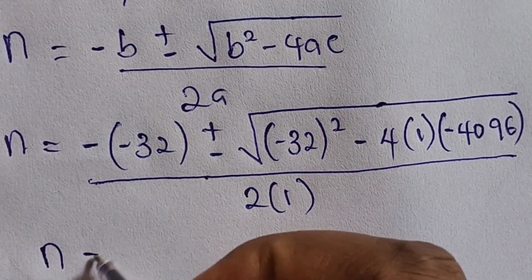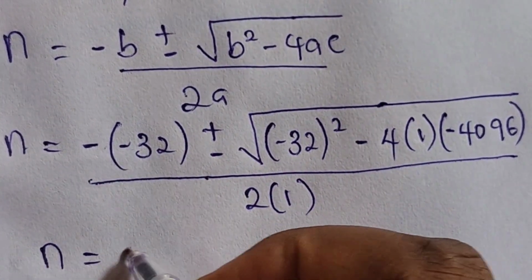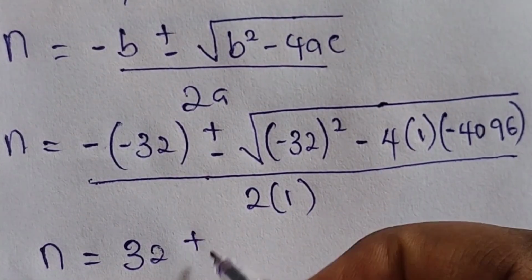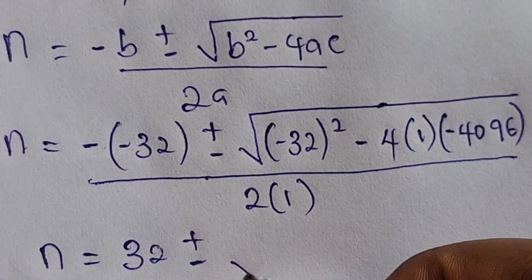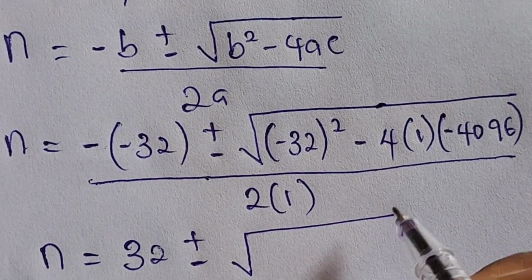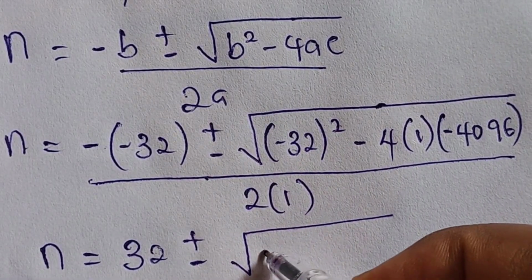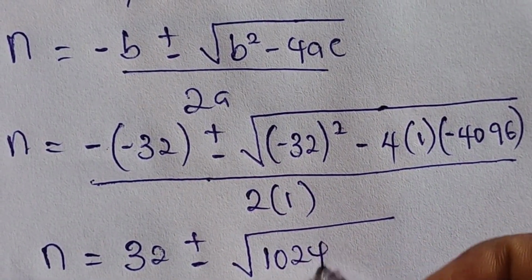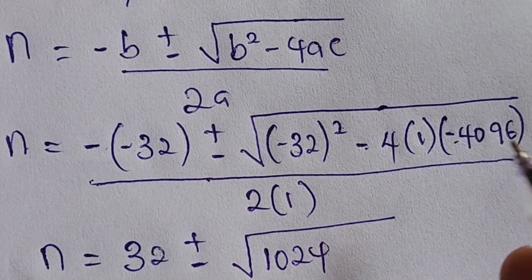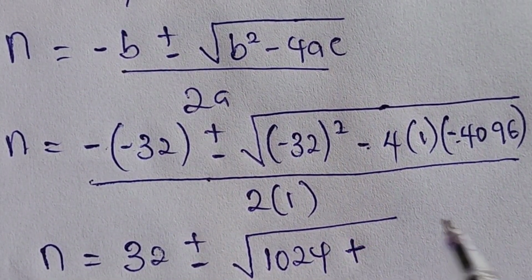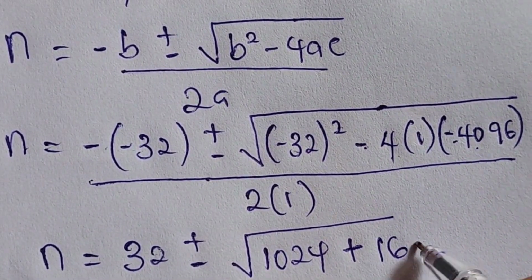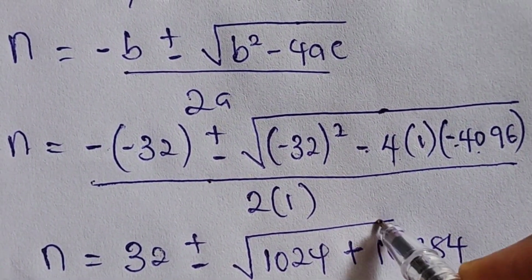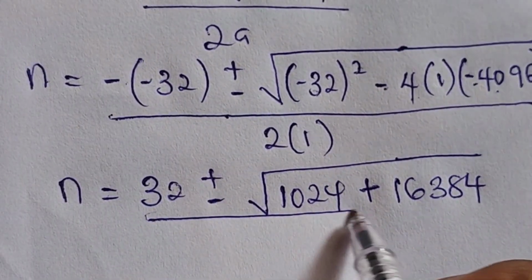So we have n to be equal to negative and negative, we have 32, plus or minus the square root of this to the power of 2, we have 1024. We have negative and negative here, which will give us positive. Multiplying this by this, we have 16,384, and is all over 2.